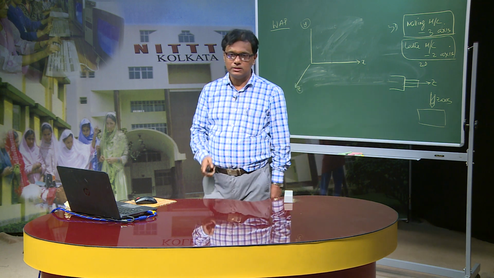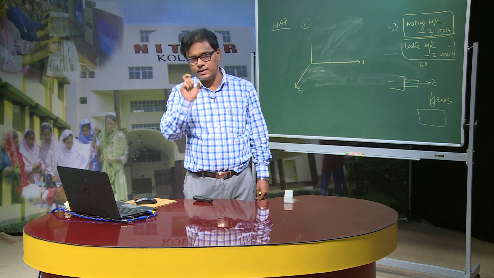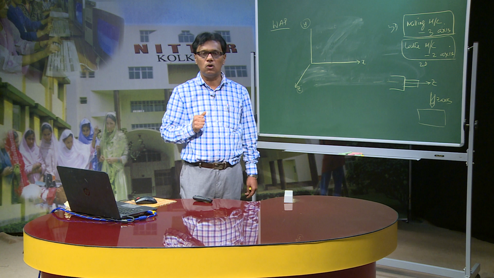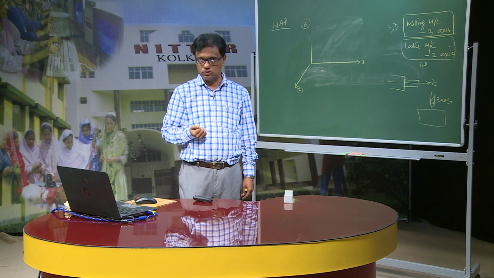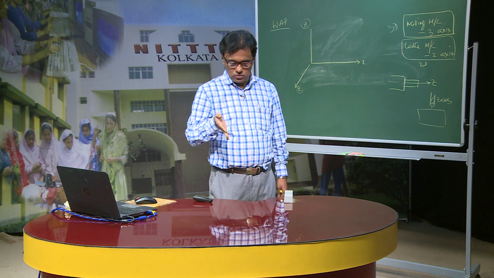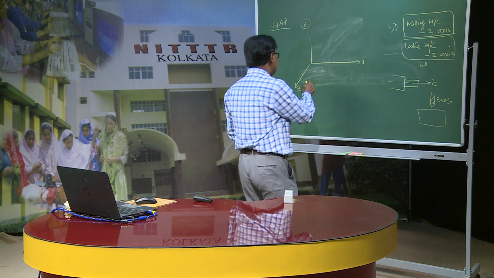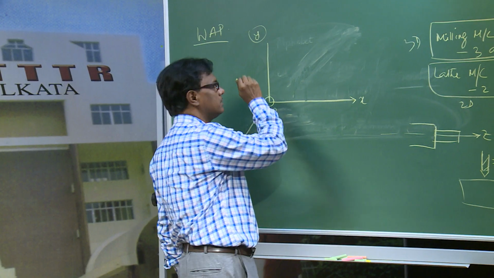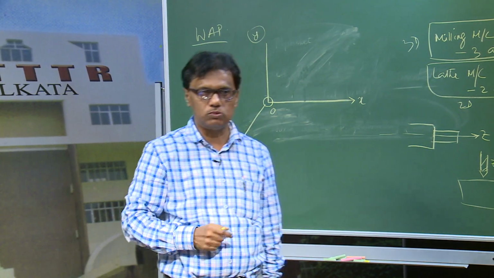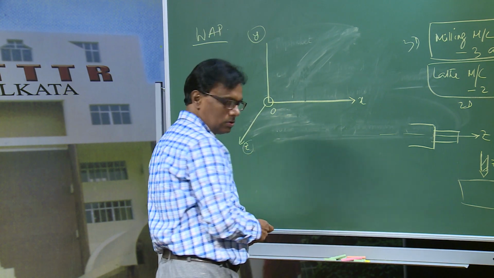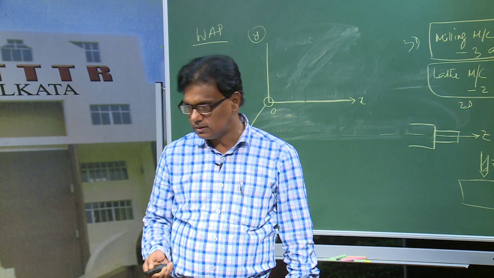In CNC machines, I can give coordinates either in absolute mode or incremental mode. Absolute mode means this is the origin or reference point, and it is fixed. Let me show you the slide.